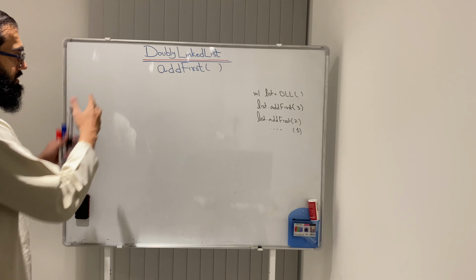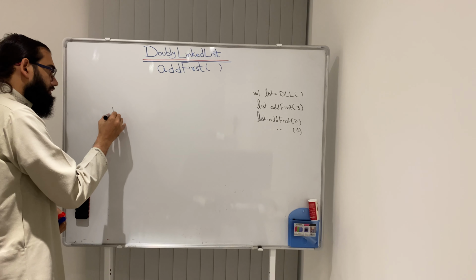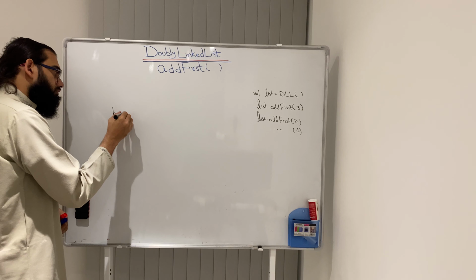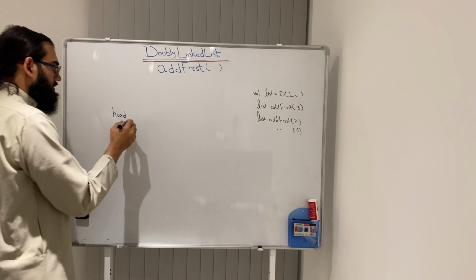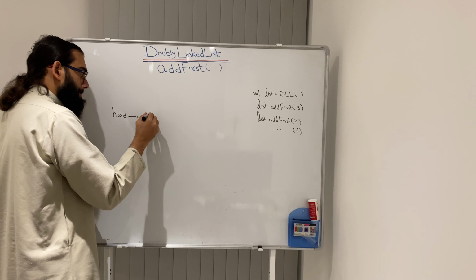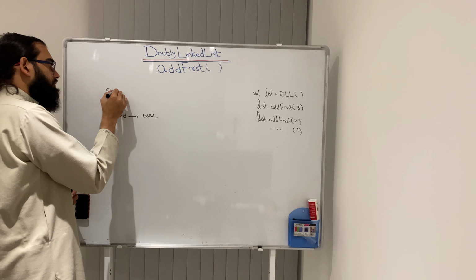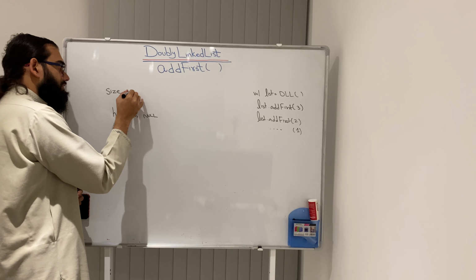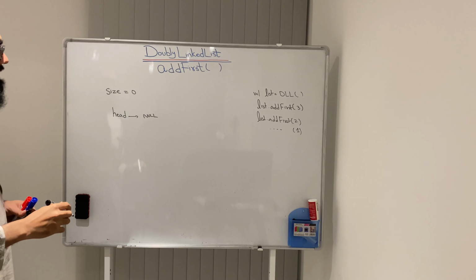Okay, so just you already saw in a code, we have a one internal reference which is called head. By default, it's pointing to null, and then we have a one field which is size, which is responsible to count number of elements.